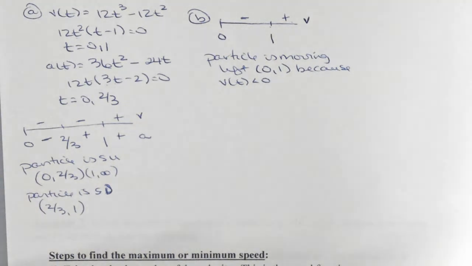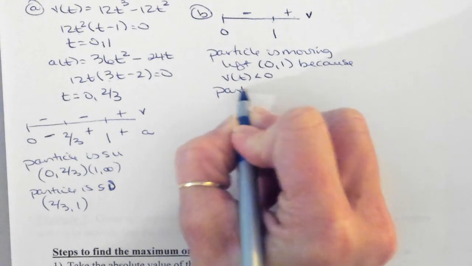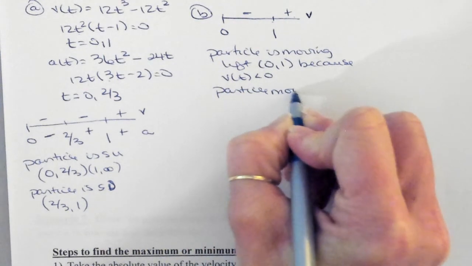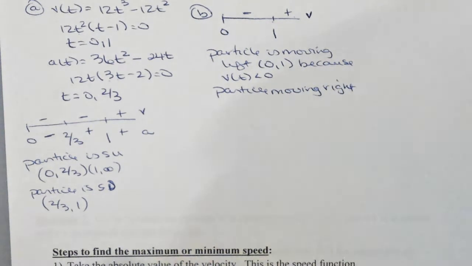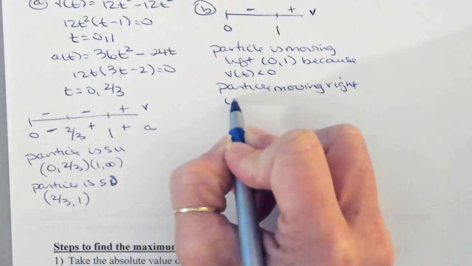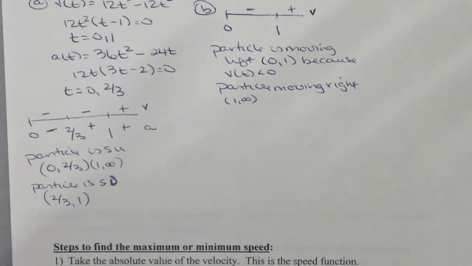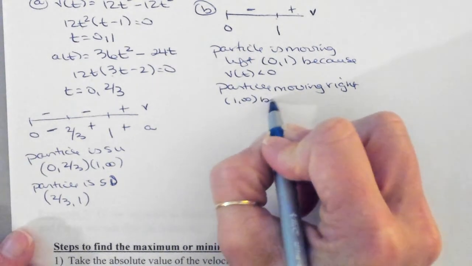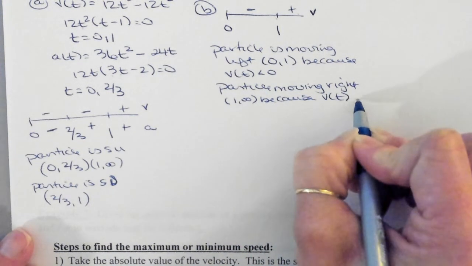Less writing, right? That's your justification. Okay, so then the particle moving right, we would say from 1 to infinity, because we don't have an end time at this point. And this would be because v of t is greater than 0.